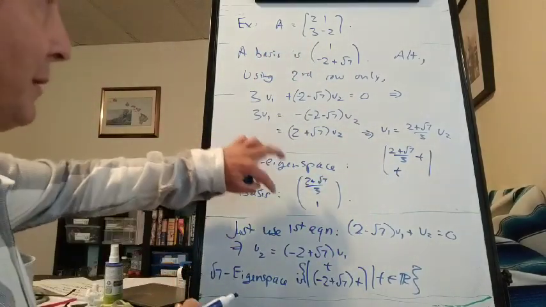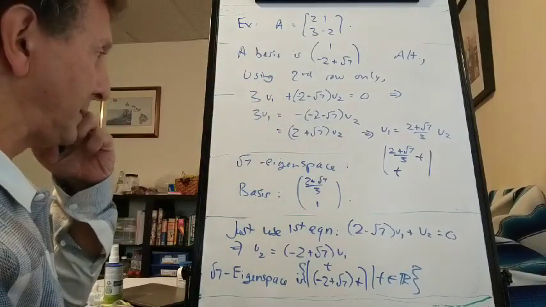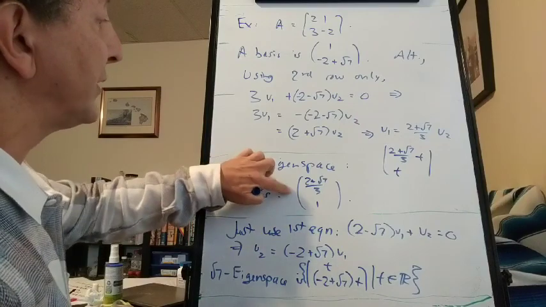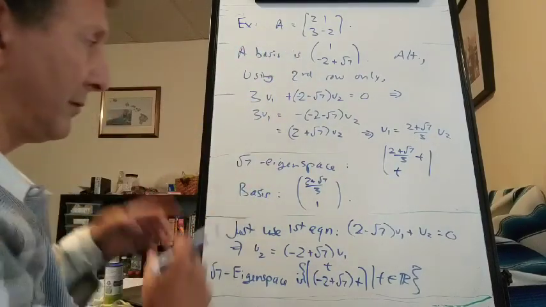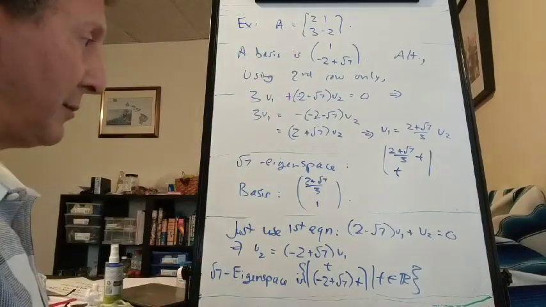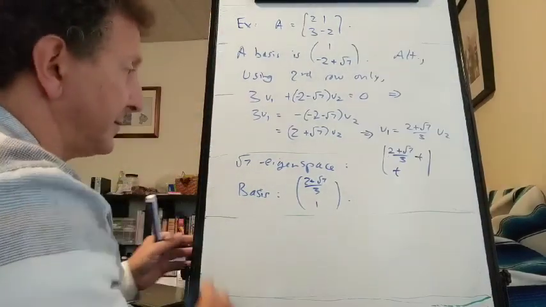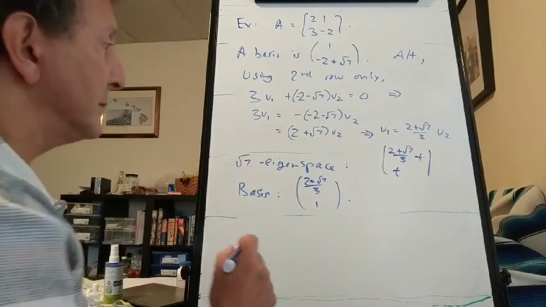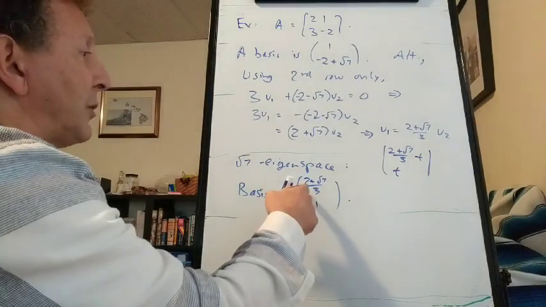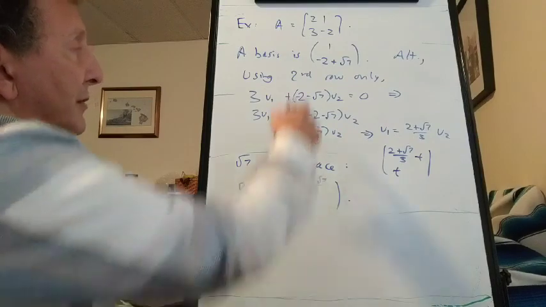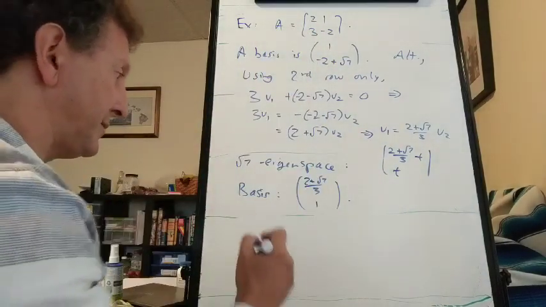In fact, so different that we might be nervous that one of these is incorrect. But we can show that this is actually a multiple of that one. Therefore, the one-dimensional space can be spanned by either. So let's multiply this by 3 over 2 plus root 7 to get a 1 in the first component.